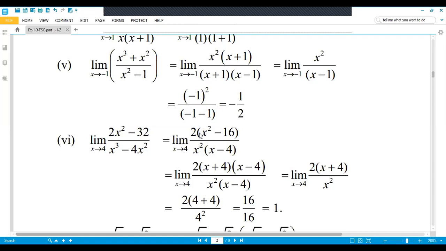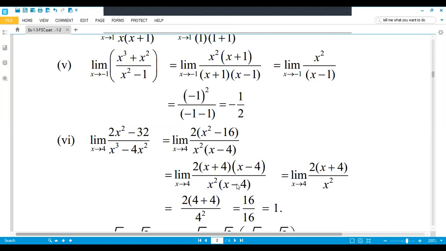Now numerator again a square minus b square formula. Look, this formula is repeated again and again. This is a perfect square, 16 is a perfect square of 4. So you apply the a square minus b square formula, which is a plus b into a minus b. So 2 into x plus 4 into x minus 4. And the denominator is x square into x minus 4.